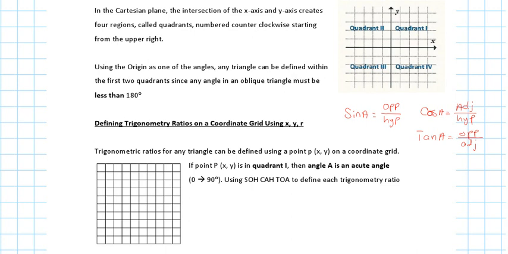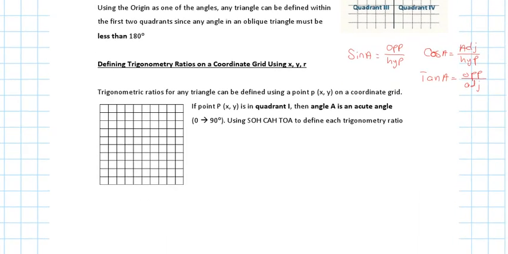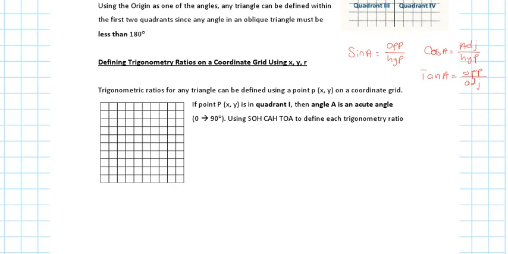All right. So, here is my x and y axis. I have a point x, y, and it's in quadrant 1. That's what the question is saying.